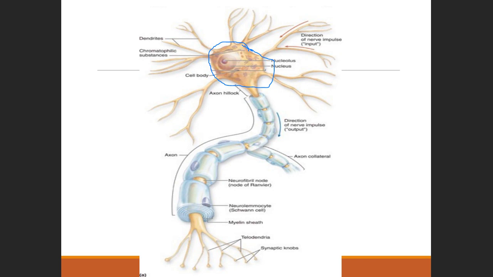And as you can already see, extending from that cell body, we have any number of projections or appendages. The multiple short appendages are dendrites. Those are all dendrites.